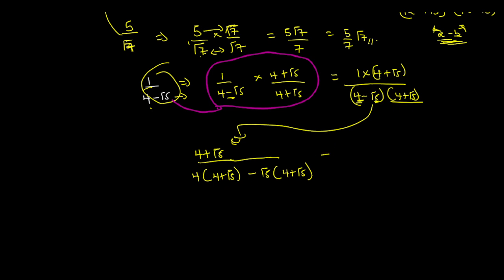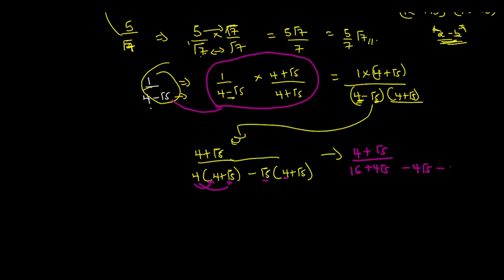Okay, so this is the same as 4 plus root of 5 all over, what is 4 times 4? 16. What is 4 times root of 5? 4 root 5, right? Minus root of 5 times 4, 4 root 5, minus root of 5 times root of 5.